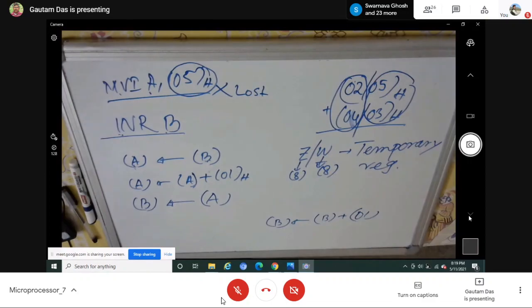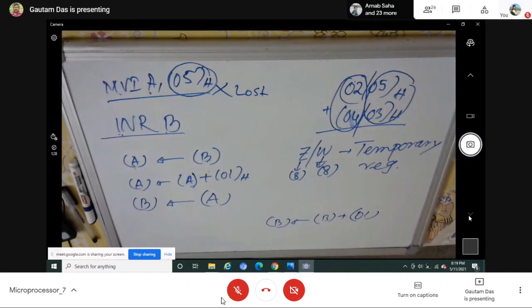These two registers, W and Z, 8 bits in length, are called the temporary registers of the 8085 processor. Then why did I not show them when I discussed the internal register architecture? Because these two registers W and Z are not accessible by the user. User means programmer. You cannot use these two registers to store something. Then what about the other registers?